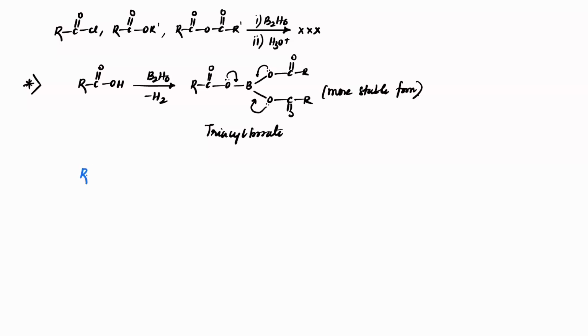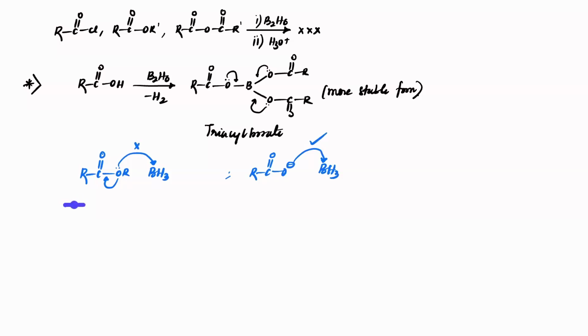Now you might think, what about esters? Can't we do the same thing with esters? See, when it comes to esters and then you have BH3, this attack is weaker because this will be resonance stabilized. Unlike in acids, you can think like C double bond O minus is formed after H plus is gone. So the attack of this O minus is relatively better. This is weaker.